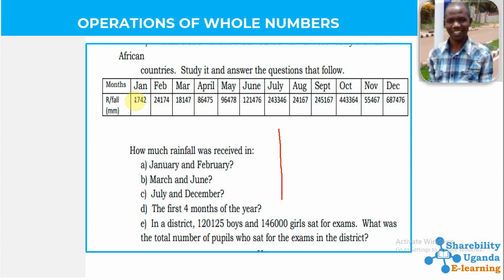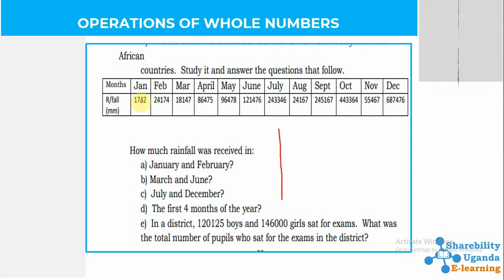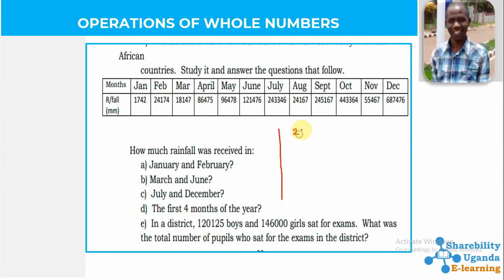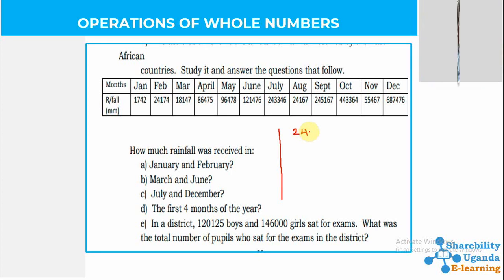But when you see, our January is 1742, then our Feb is 24,174. So we can start out with our 24,174, because it is the biggest.